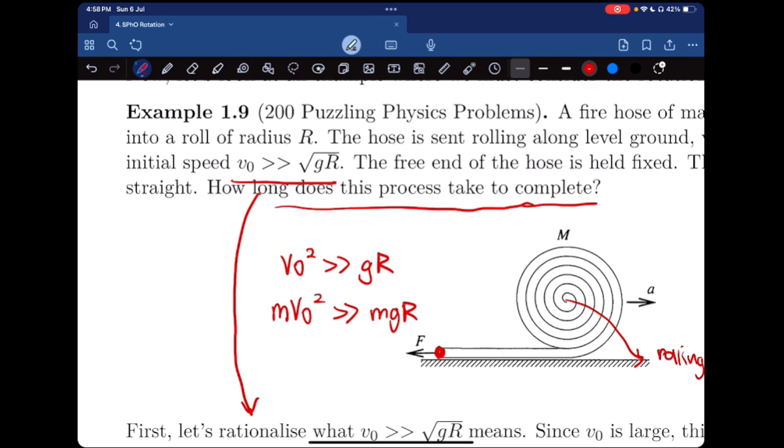I hope that both terms look familiar, because this resembles kinetic energy, and this is literally just GPE. So what does this mean? Your kinetic energy is much, much greater than your GPE, which means that any changes in GPE are basically negligible compared to changes in kinetic energy.